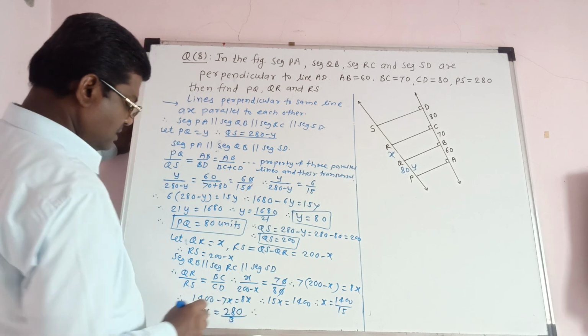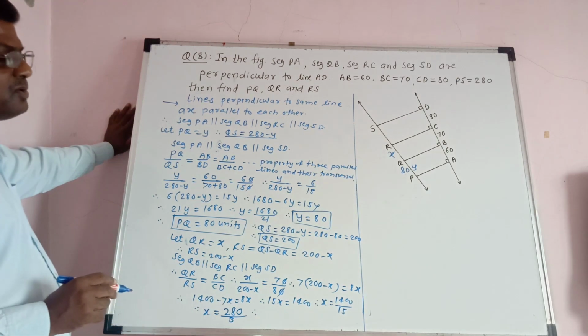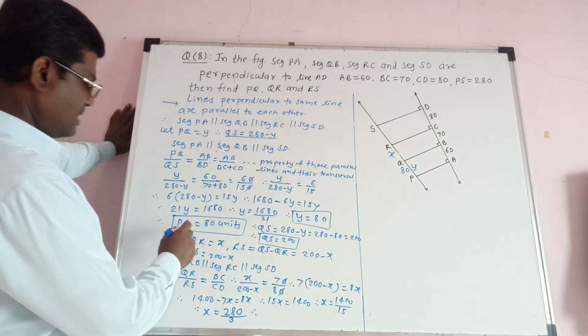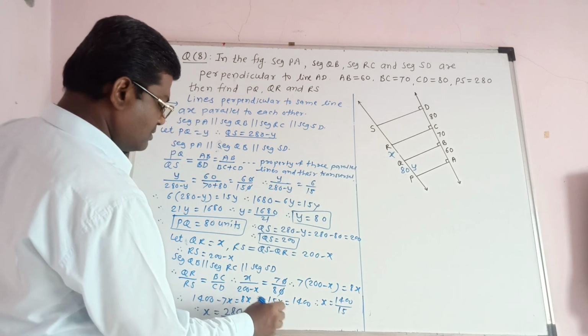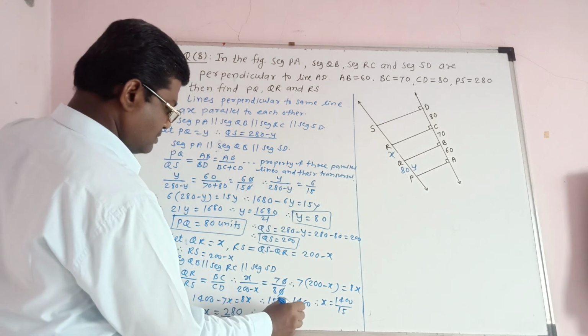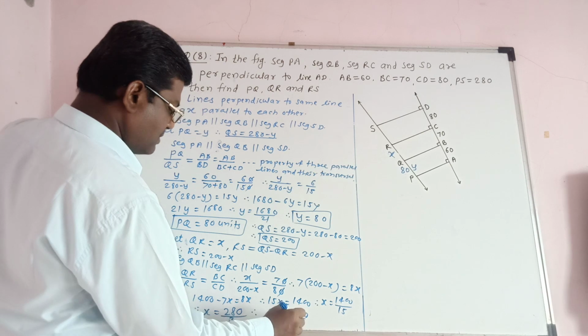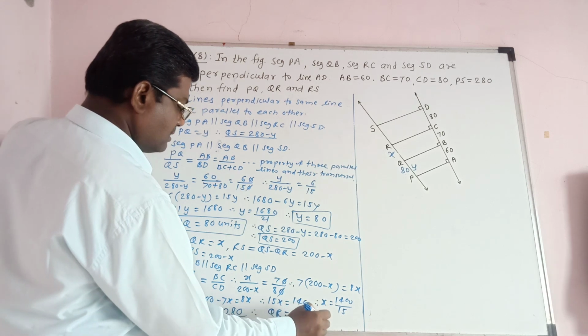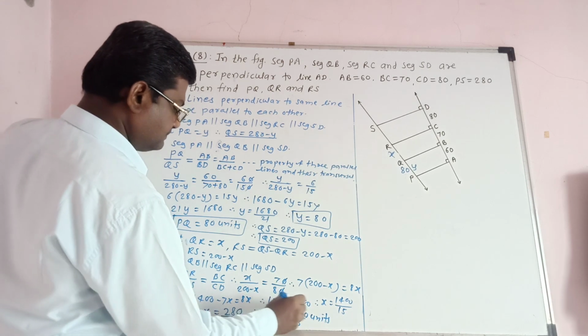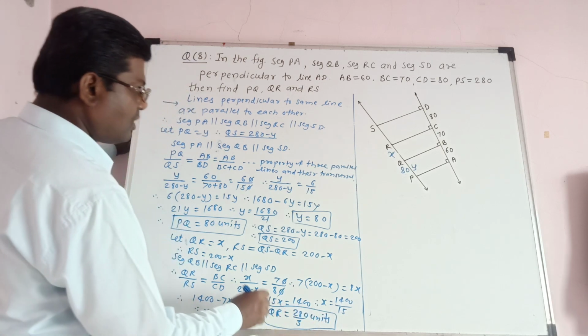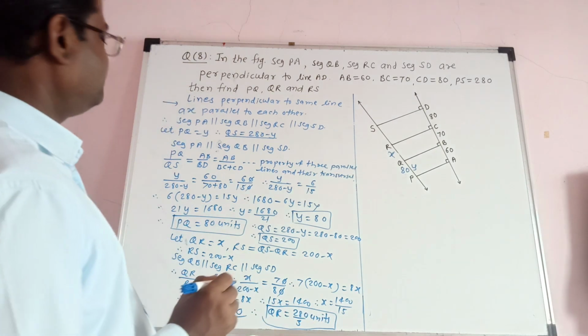Therefore x is equal to 280 upon 3. So QR is equal to 280 upon 3 units. This is the value of QR.